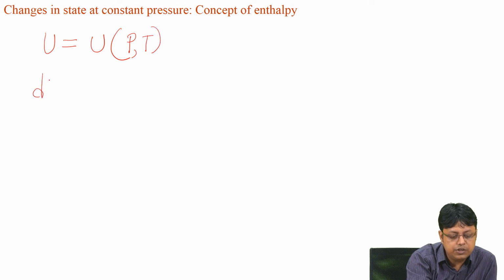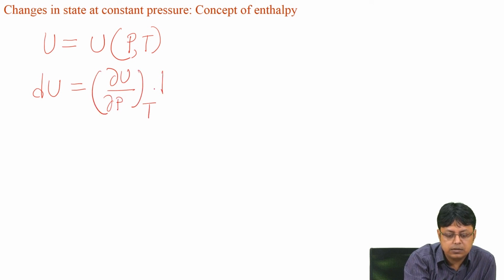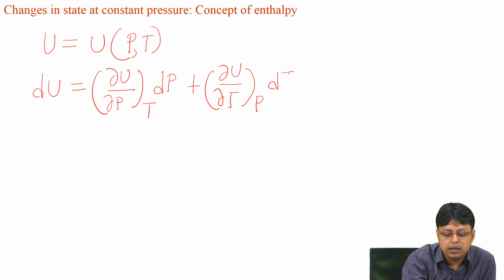So, the total differential as before can be written as a partial derivative with respect to pressure keeping the temperature constant, multiplied by the differential change in pressure dP, and then a partial derivative with respect to temperature keeping the pressure constant, multiplied by the differential change in temperature dT.